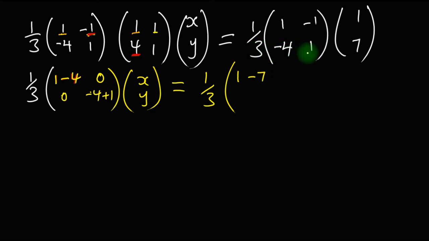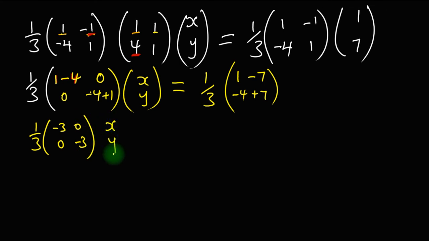Then second row multiplied by first column, -4 times 1, that is -4 plus 1 times 7, that is it. So from here we have a third multiplied by -3 0 0 -3 multiplied by xy will be equal to a third times -6 and 3.